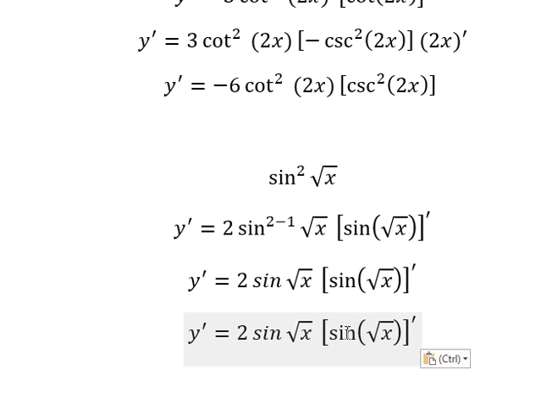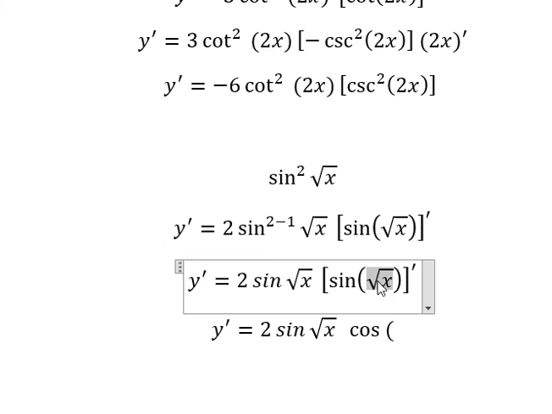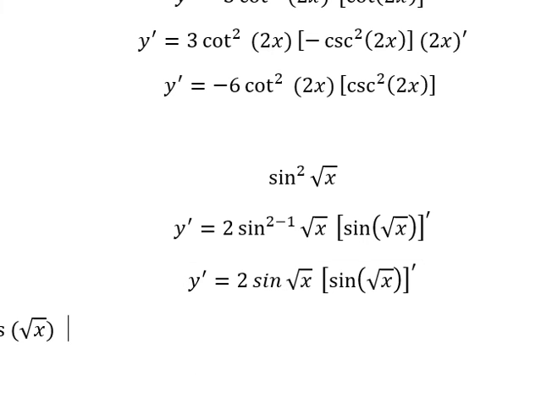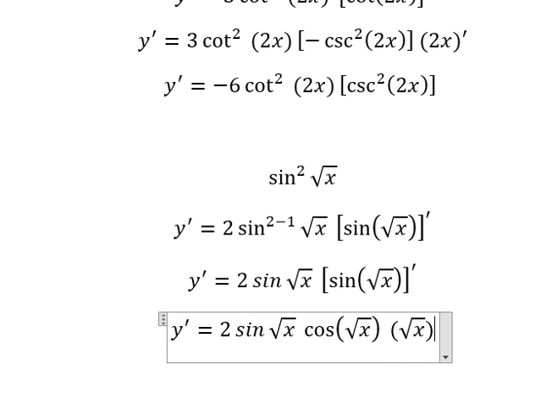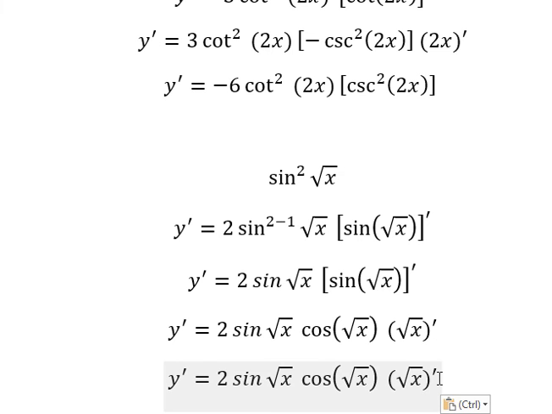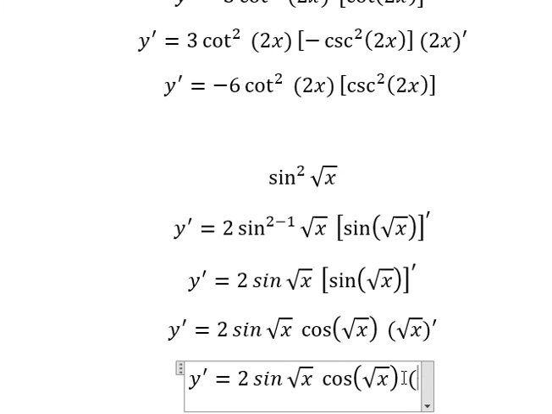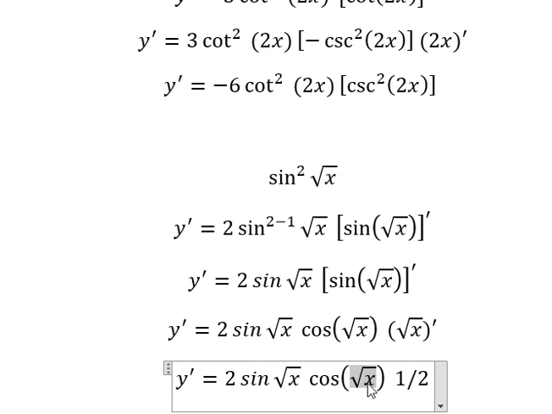First derivative of sine, we have cosine with the square root of s. Later that we do first derivative of the square root of s. And this one we have 1 over number 2 with the square root of s.